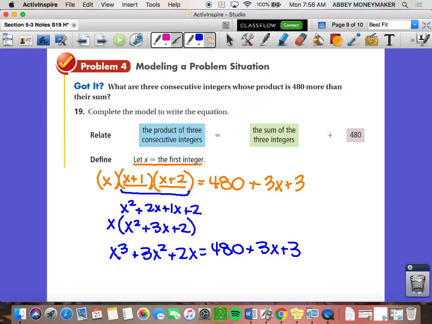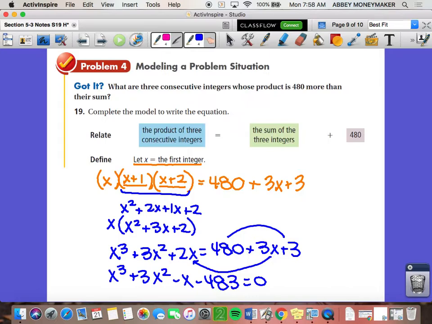So let's get this equation equal to 0 here. So we have x cubed plus 3x squared. I'm going to subtract that 3x and combine it with the 2x, so I would have negative x. And then the 480 plus 3 would give me negative 483 is equal to 0.